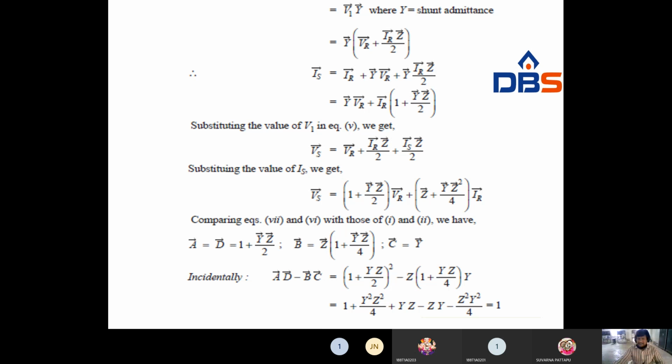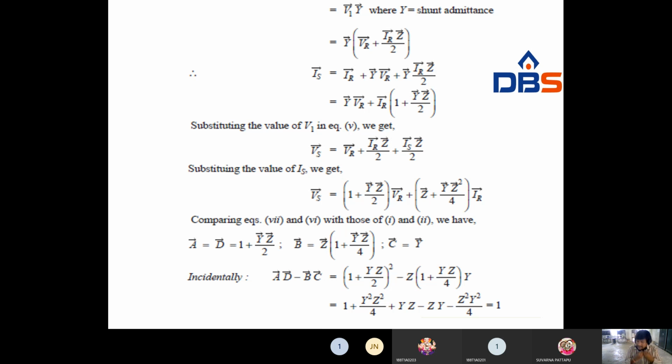AD means 1 plus Yz by 2 times 1 plus Yz by 2, that is (1 plus Yz by 2) square, minus Z into 1 plus Yz by 4 into Y. So 1 plus Y square Z square by 4, that is the expansion of (a plus b) whole square: a square is 1, b square is Y square Z square by 4, plus 2YZ, right? Then 2 cancels, that means YZ is coming, minus ZY, we are multiplying the two, ZY plus Z square Y square by 4. So Z square Y square by 4 and ZY cancel, that is 1.